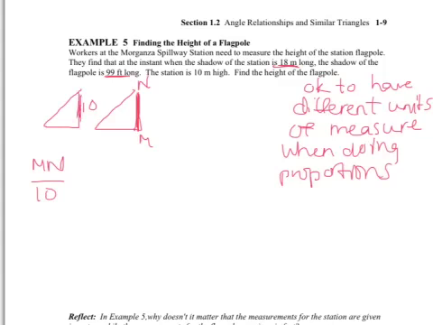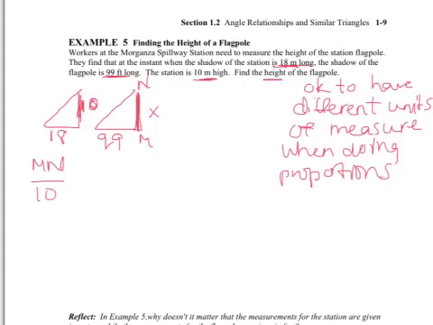And then it says that we have 18 meters long, compared to your 99 feet long. Your 10 meters high is this 10 right here. We're talking about meters high. And we're trying to find the height of our flagpole.